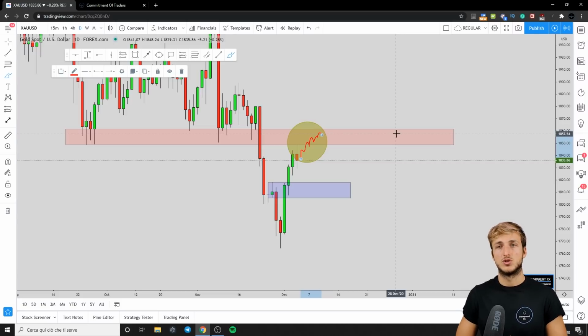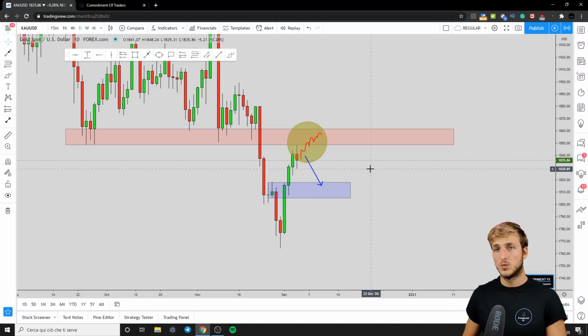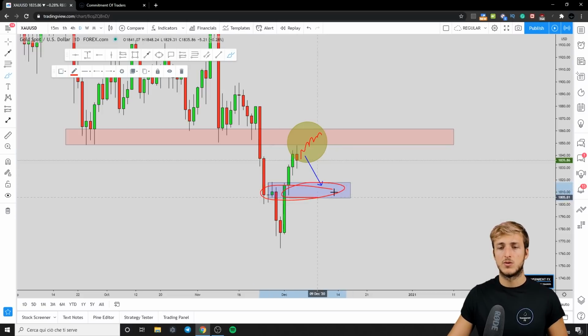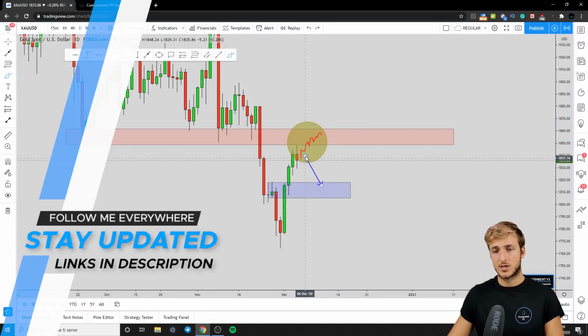As soon as the market shifts from a 4-hour bullish to a 4-hour bearish market, at that point we will add gold to our watch list with students, and as soon as the market provides one of our valid entries, we will be taking a nice shorting opportunity with a good risk to reward and good probabilities for the market to make a move to the downside and complete the pattern at this demand. And then when the market reaches this zone, we will speak about gold again since we have the possibility to be looking for a potential long, but first we need to see how the market will approach this zone.